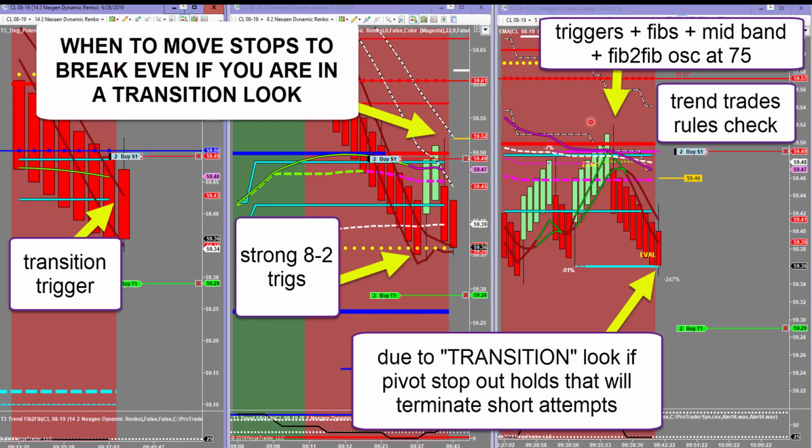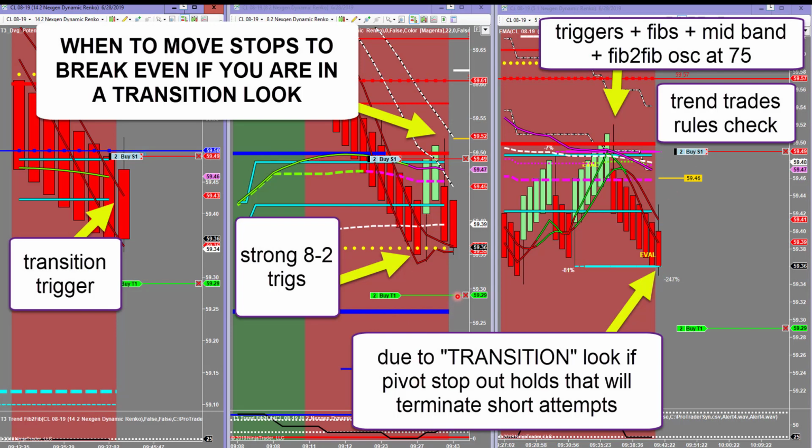Now, vice versa. Remember where we said if you're in a transition look. So again, look, this is where the large synthetic triggers are, they're plotted on all three charts, so we have symmetry across all the charts. You're going to be short, period. There's no way around it. You're going to be short, and because it's a transition, meaning our synthetic triggers are crossed up, once you reach a prior low or divergence low or support or anything, you're going to get your stop to where you're not going to lose money.